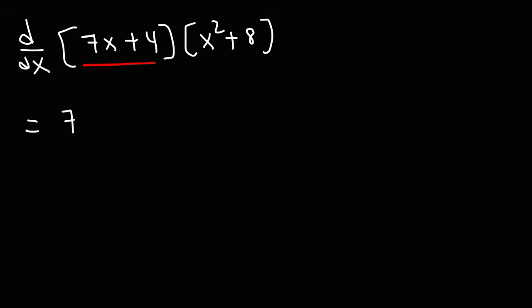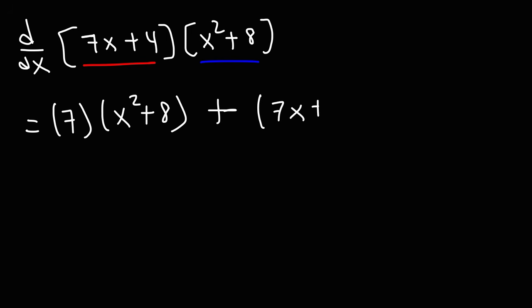The derivative of 4 is 0. So we just get 7. Next, we're going to rewrite the second part. And then we're going to rewrite the first part and then take the derivative of the second part. The derivative of x squared is 2x. The derivative of the constant 8 is 0. So this is the answer that we get.